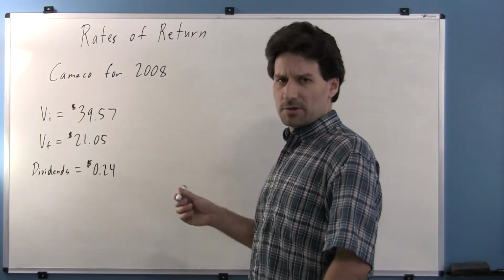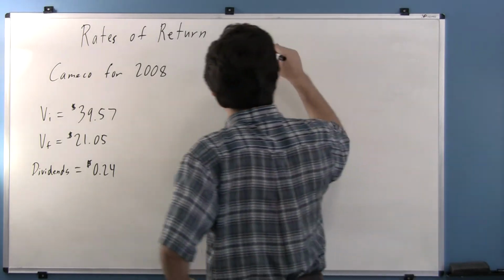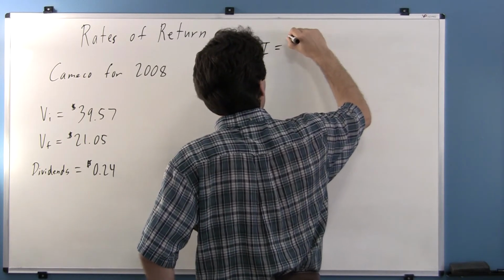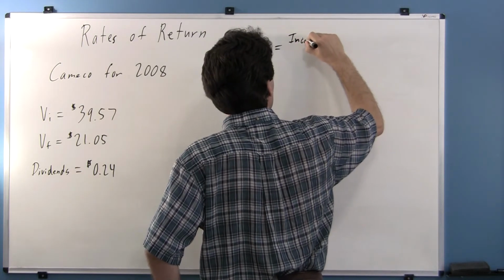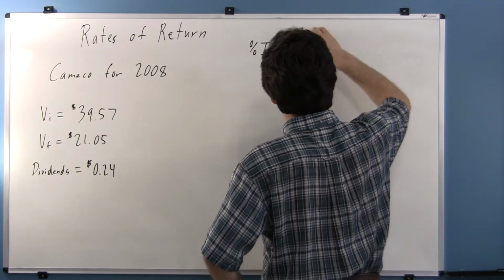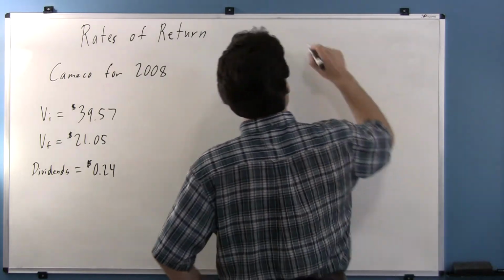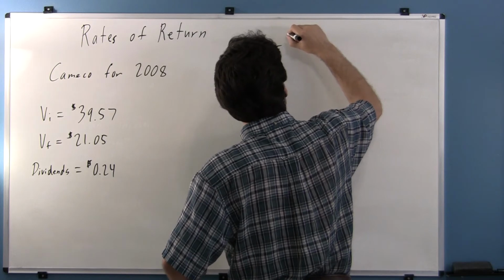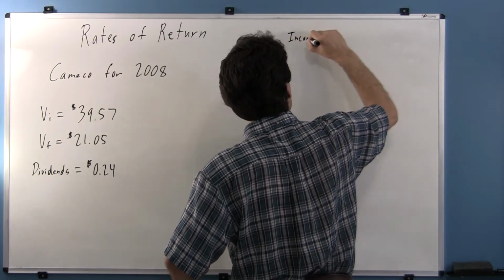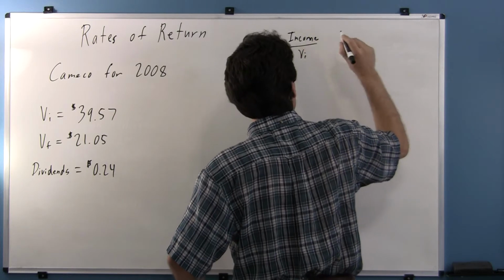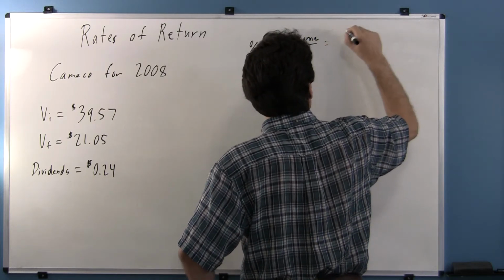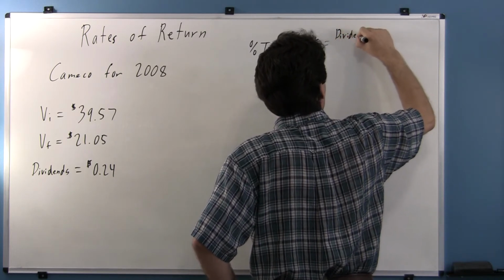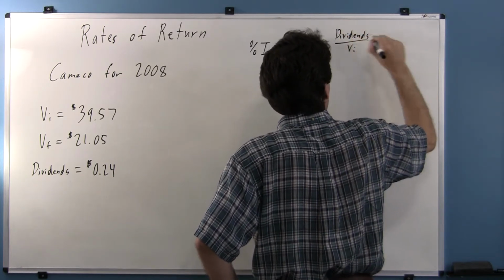I'm going to do income yield first, since it's what it asks for. It's fairly easy. Percent I is going to be equal to our income. They call it dividends, but if you put dividend or income, that's fine. So I'll say income divided by the purchase price, VI, or dividends over VI, either way.